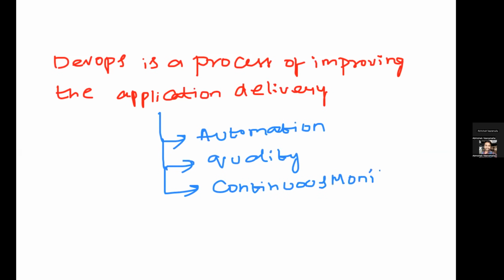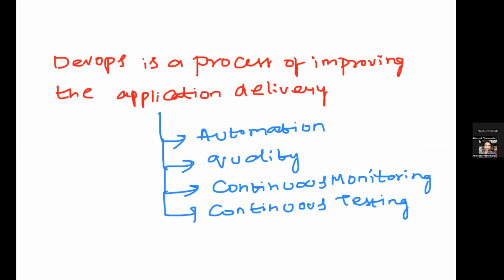People also call it observability. So monitoring and observability are hand in hand things. Whenever we talk about monitoring, we'll also talk about observability. But for now, you can think monitoring or observability. And finally, there is continuous testing. This is DevOps. So this is a perfect ideal world definition of DevOps.